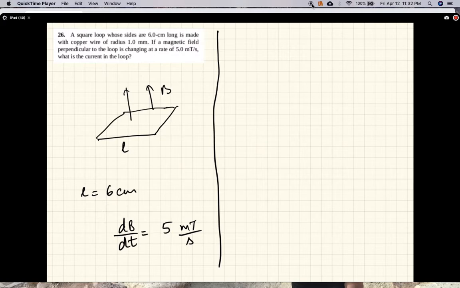All right, since we need to find the current in the loop, let's find the resistance of the loop. The resistance of the loop is the resistivity times the length divided by the area of cross section. Let me look up the resistivity of copper.